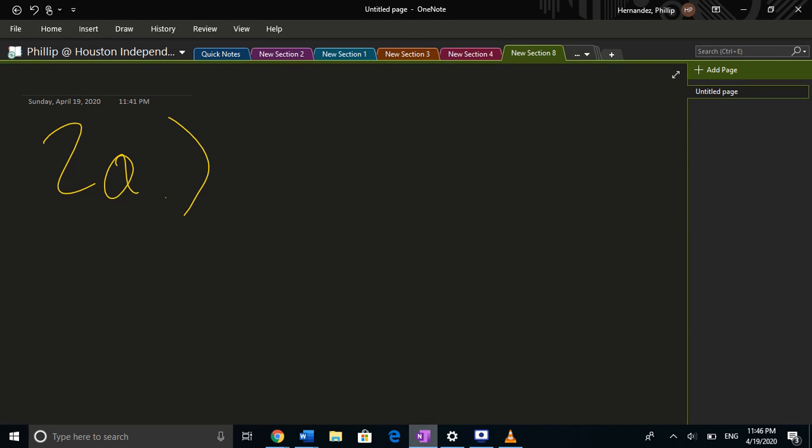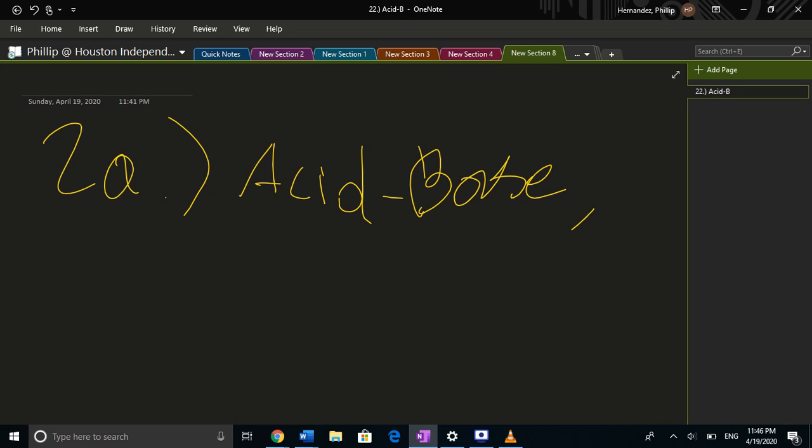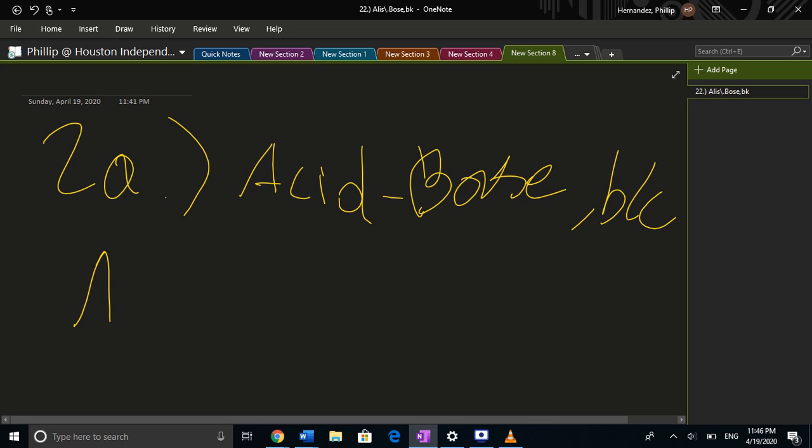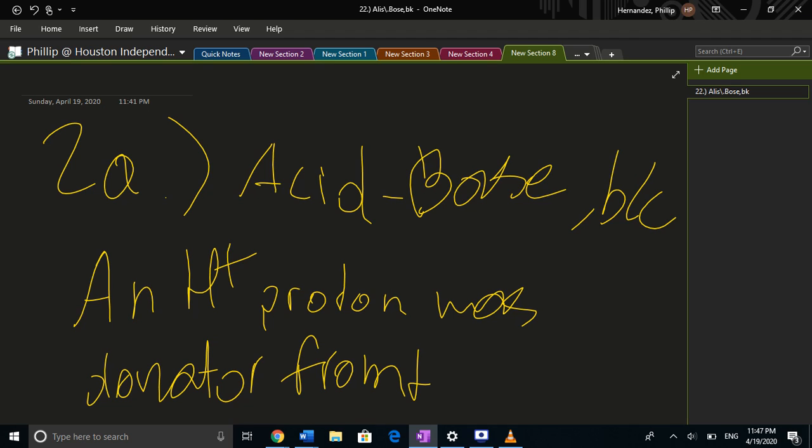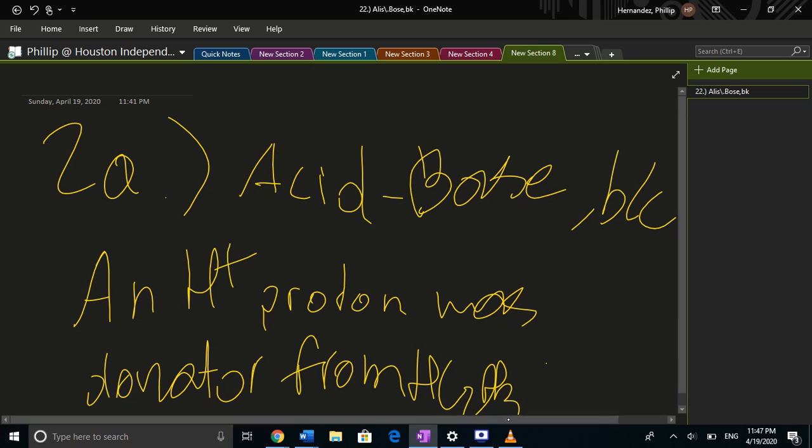So for this one, it is acid-base, because an H plus proton was donated from the HC2H3O2 to the HCO3 ion, and it gave us H2O and CO2.